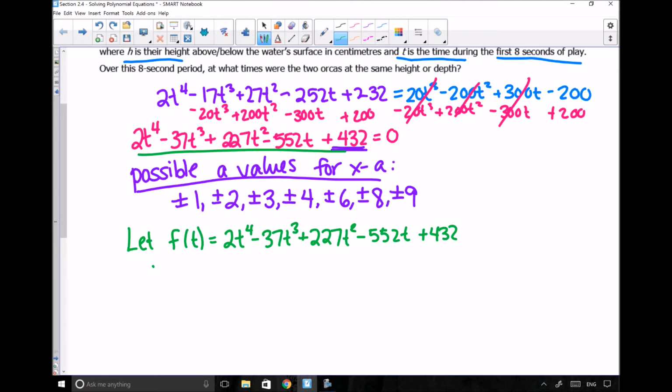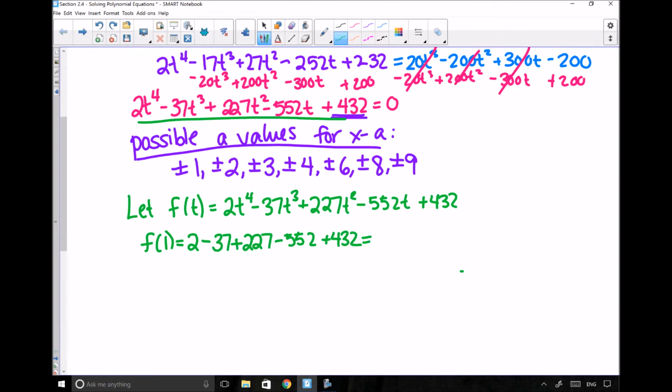And I'm going to find f of 1. So here, f of 1 would be 2 times 1, which is 2, minus 37 times 1, which is 37, plus 227 times 1, which is 227, minus 552 plus 432. Okay, I'd go through and evaluate that and see if my remainder is going to be equal to 0 or not. Evaluating this, I end up getting 72.